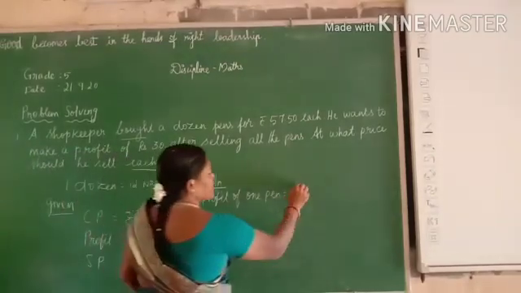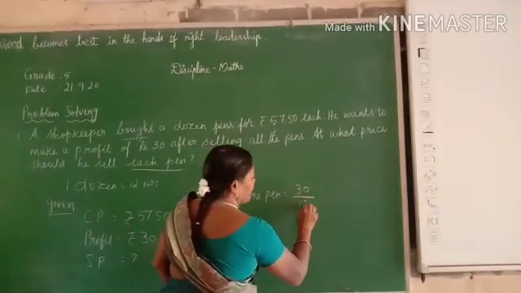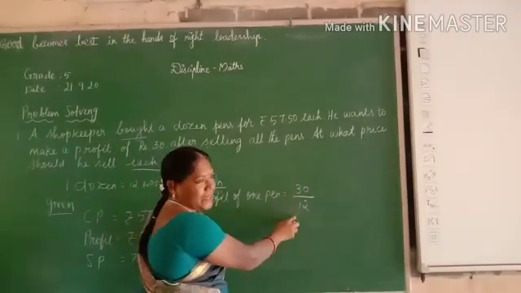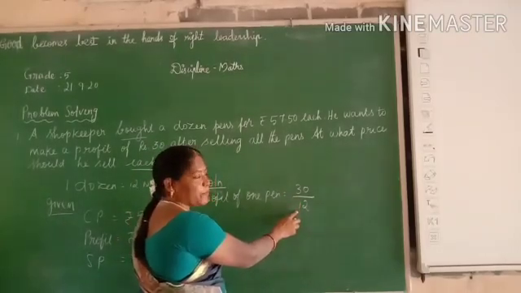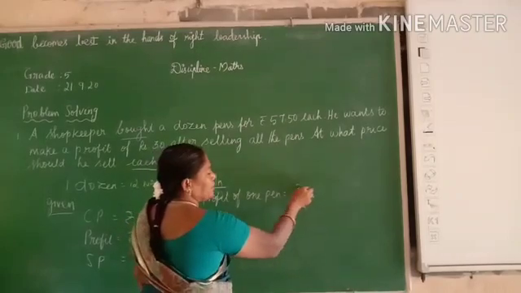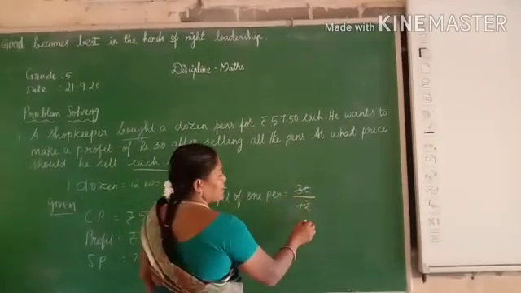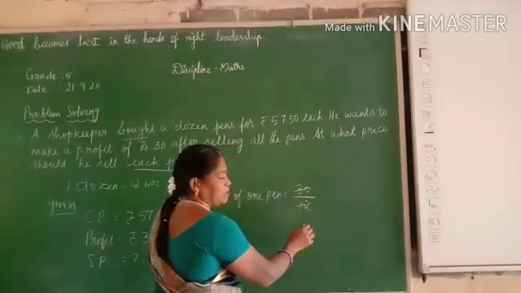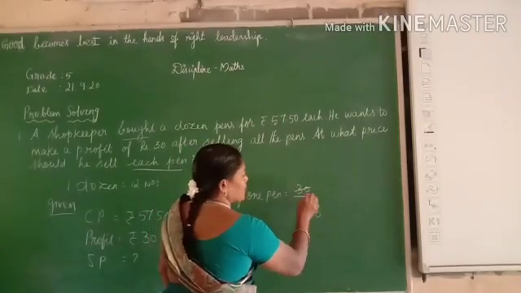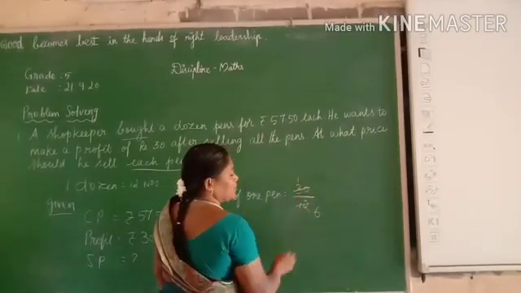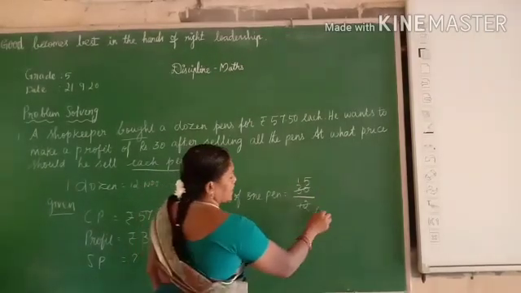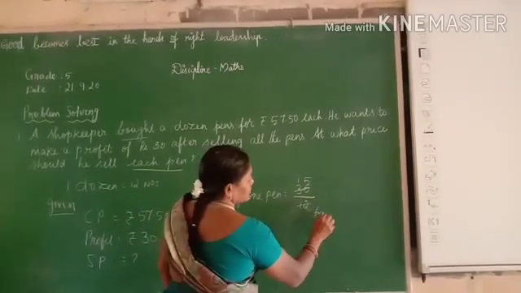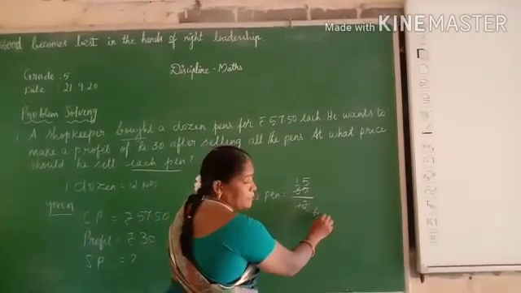30 rupees for 12 pens, he earned the profit. So we have to divide by 12. 2 sixes are 12, 2 ones are 2, remainder 1. Then 2 threes are 6.